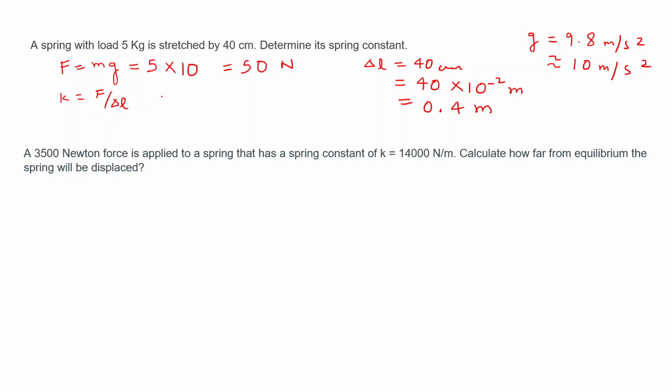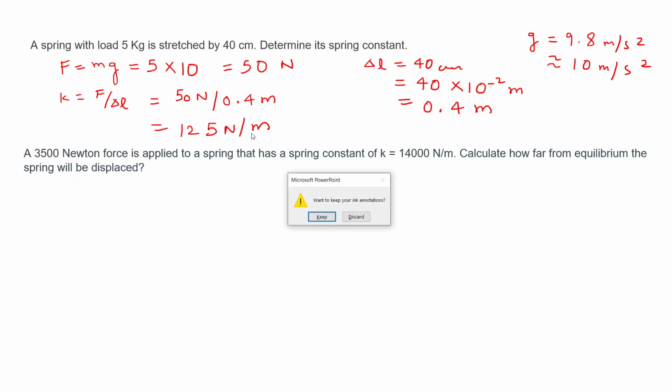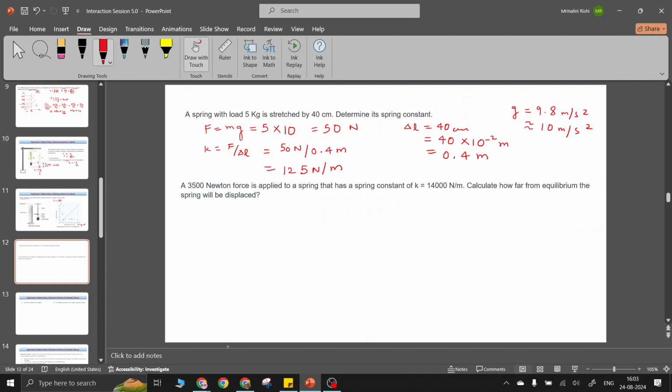So the spring constant is 50 Newton divided by the elongation, that is 0.4 meter. 50 divided by 0.4, this will be 125 Newton per meter.